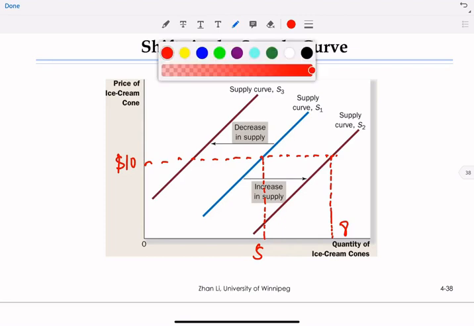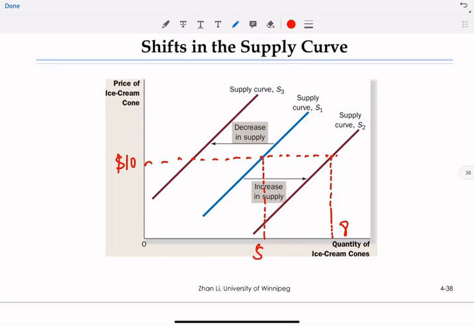Now, let's look at supply curve S3, right? So if you move the supply curve to the left, you will have supply curve S3. Well, we have understood supply is larger for supply curve S2.